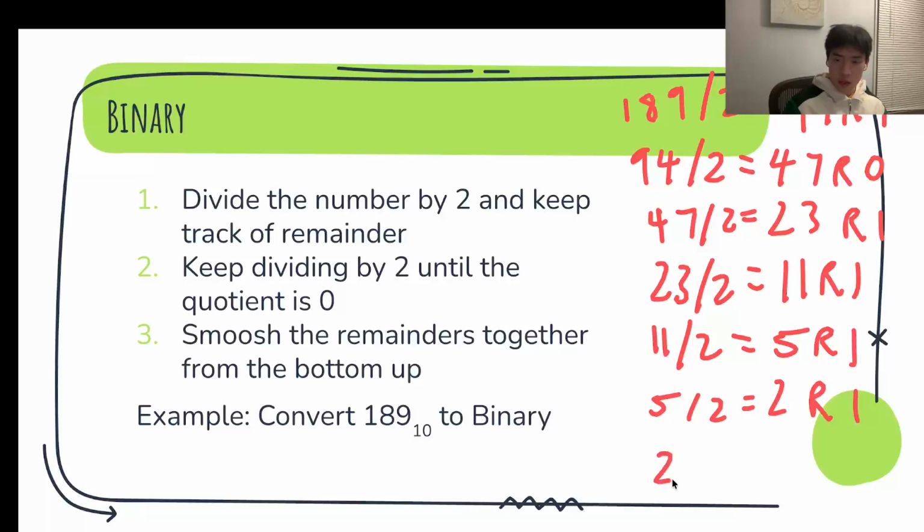And 2 divided by 2 is equal to 1 remainder 0. And 1 divided by 2 is equal to 0 remainder 1.